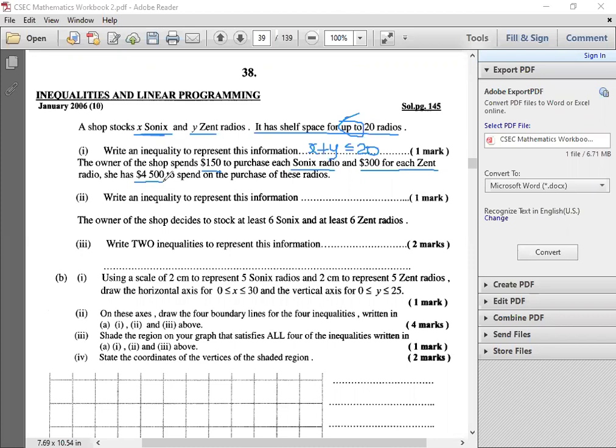So she has $4,500 to spend, $150 for each Sonic, $300 for each Zent. What is the inequality that you're going to write here?